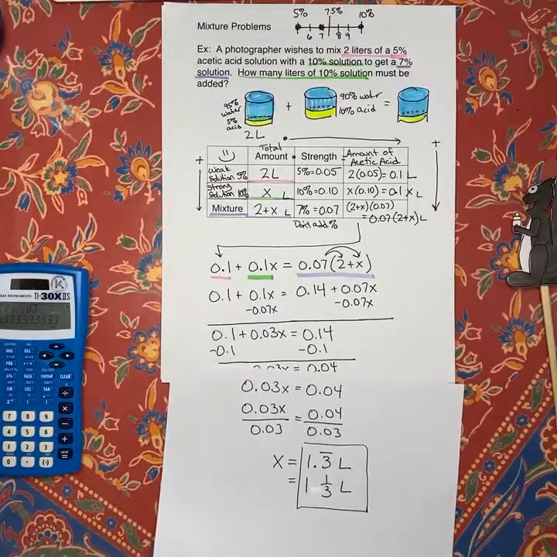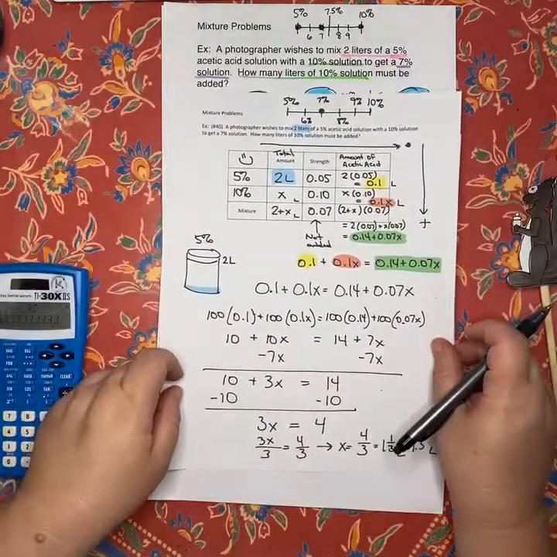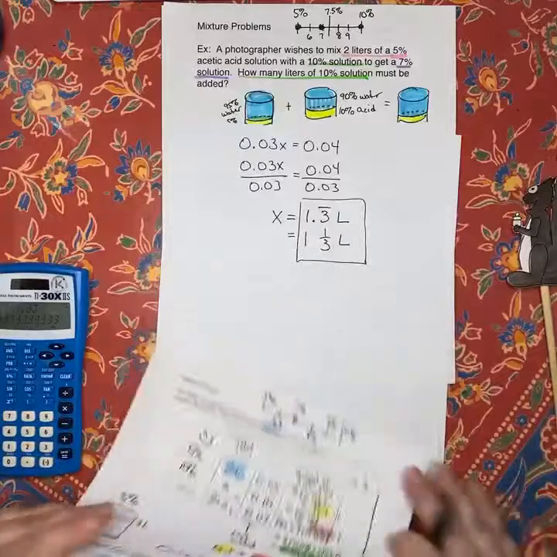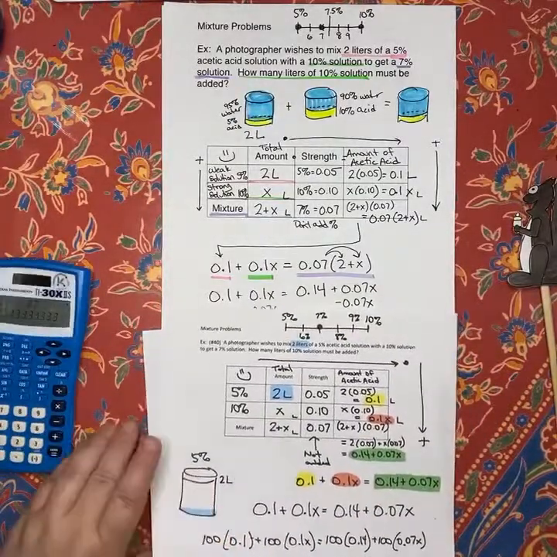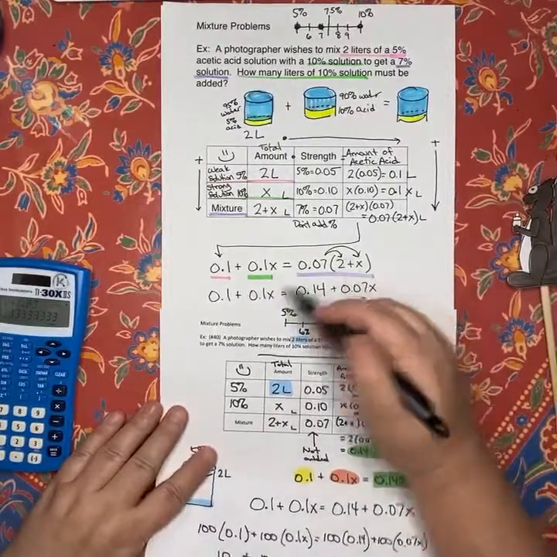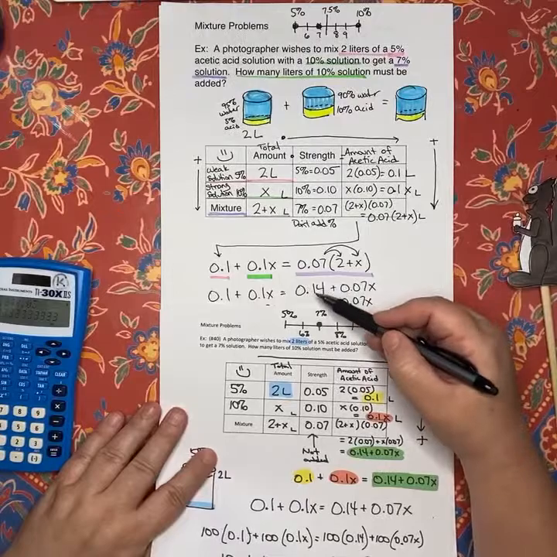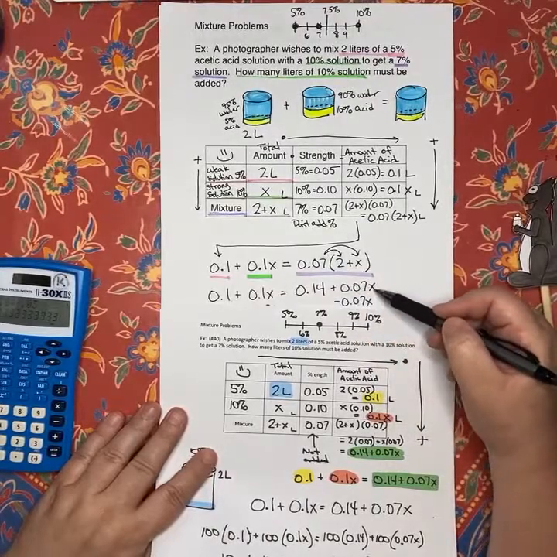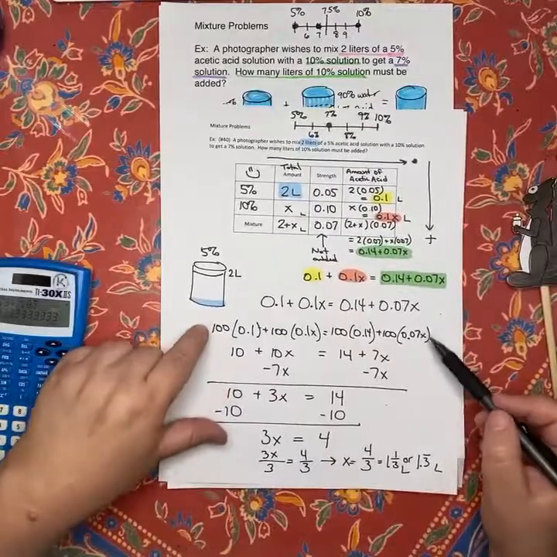I happen to already have a version of this. Let me show you. This is a version that I have already done. When I got to this stage right here, 0.1 plus 0.1x equals 0.14 plus 0.07x, notice what I did in the very next step.